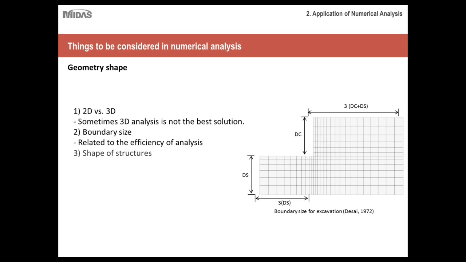And then boundary size. As I discussed, it's related to the efficiency of the analysis. So for example, take a look to the right here at this image. As you can see, this is a 2D excavation type project, and the depth of the excavation is labeled by D. And then all of the other boundary conditions are a function of D, or the depth of the excavation.